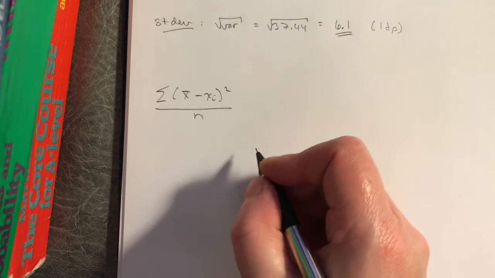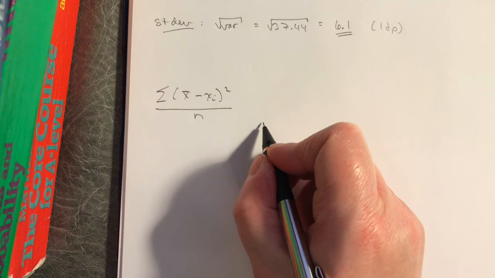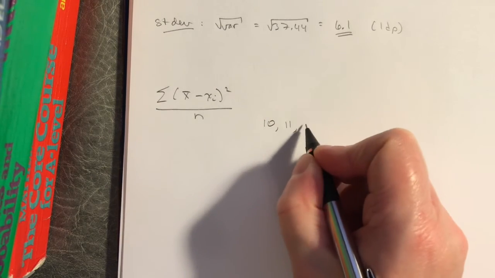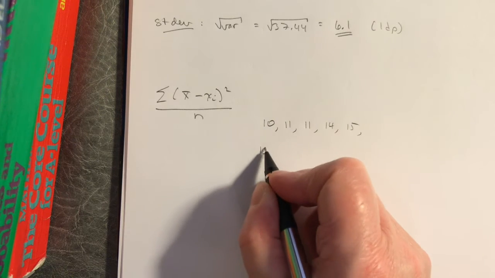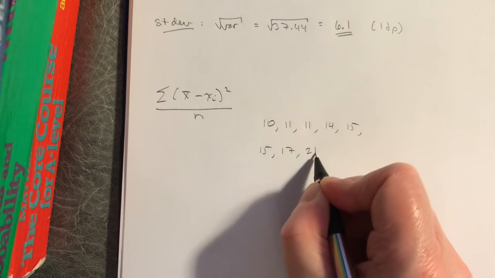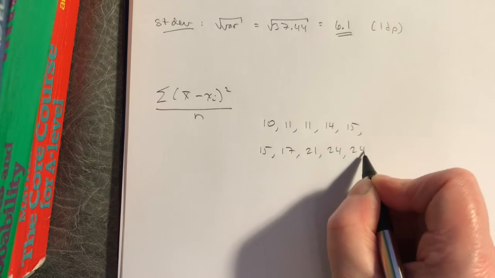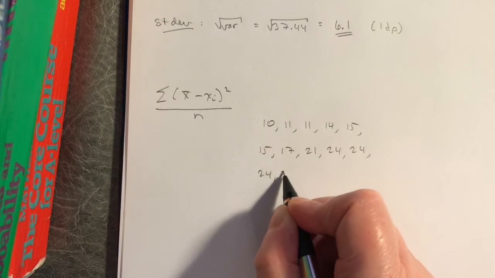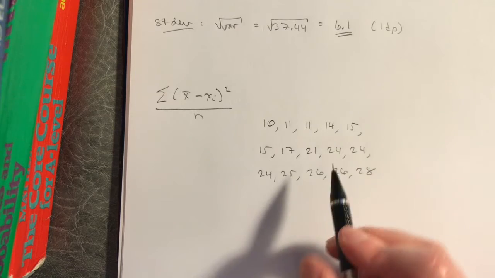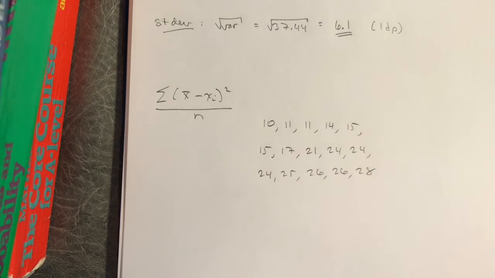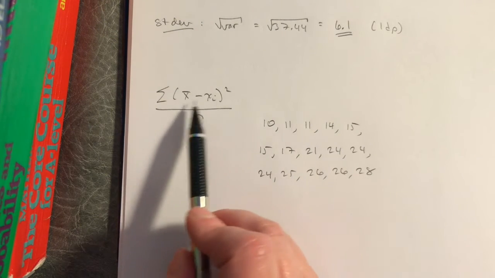These are the data points I used: 10, 11, 11, 14, 15, 15, 17, 21, 24, 24, 24, 25, 26, 26, 28. Okay, so I just pulled these numbers out of the air. I wrote 15 of them, so it wasn't too arduous to do the arithmetic by hand.